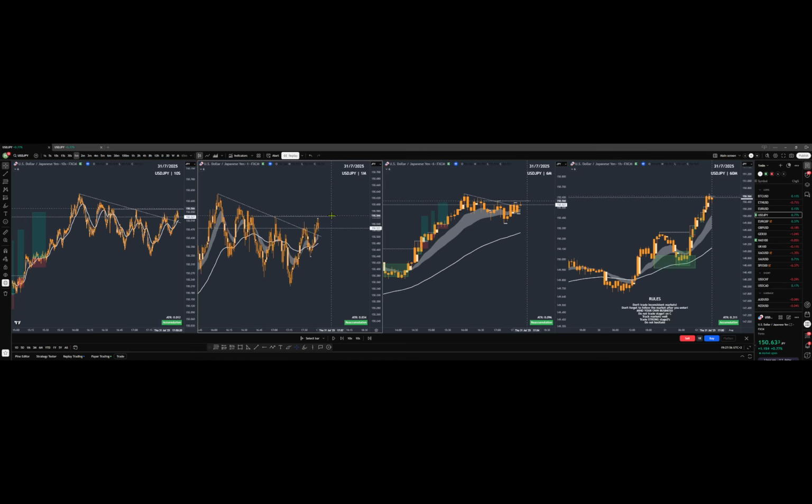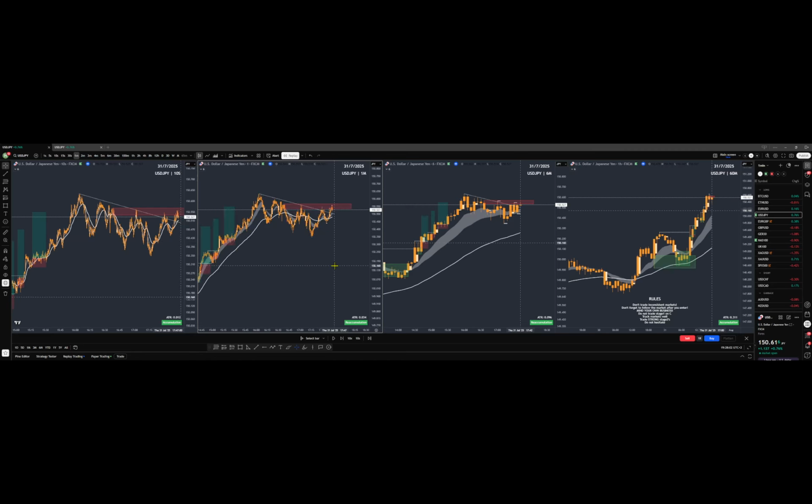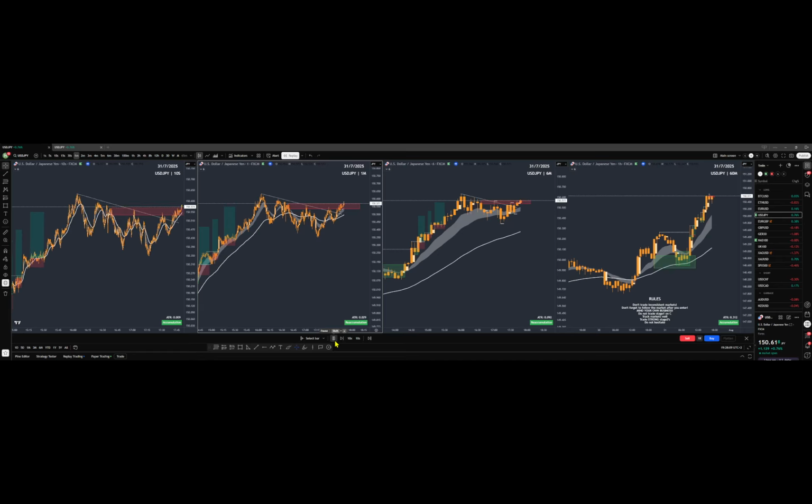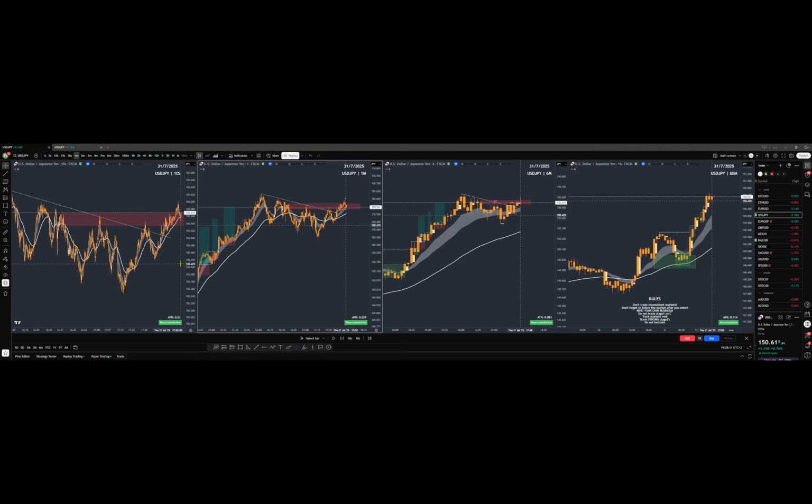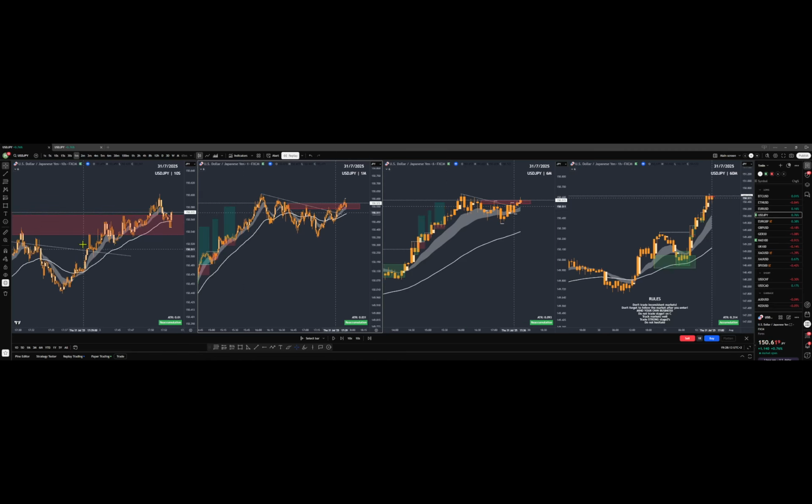Honestly, instead of this, I usually mark it up with a supply zone like that. Boom. That's the supply of the reaccumulation. So I want to see a break above. Okay, that's a nice break above. This stage two, fairly decent.